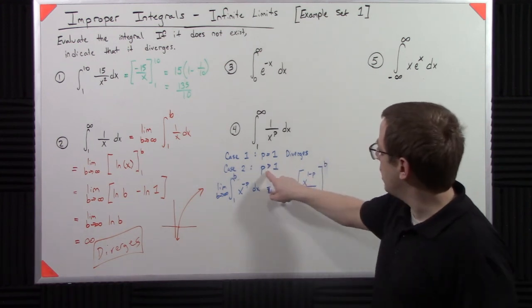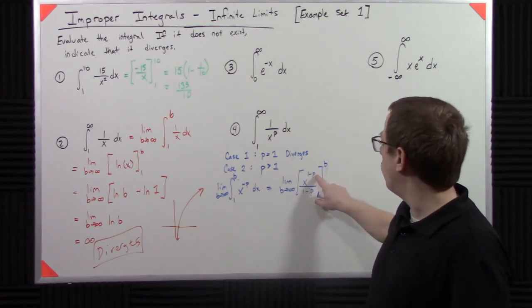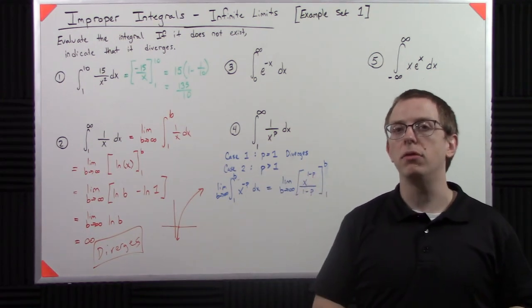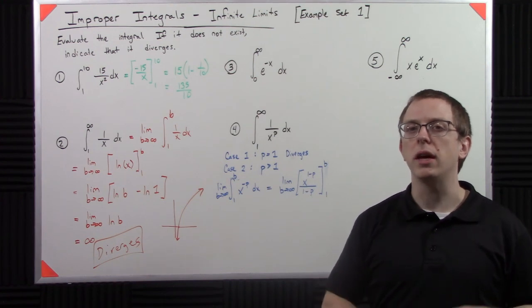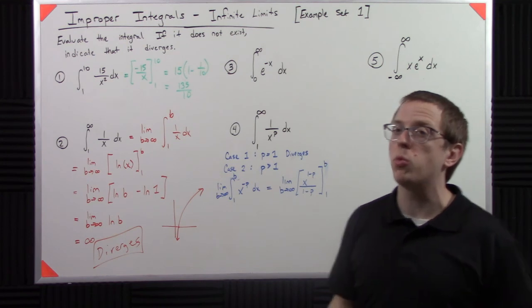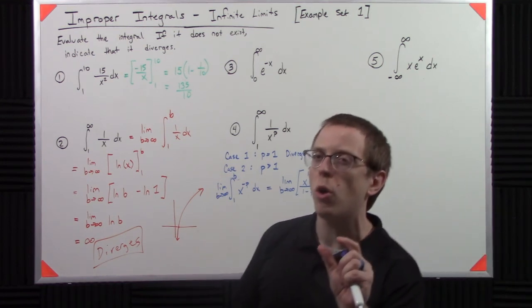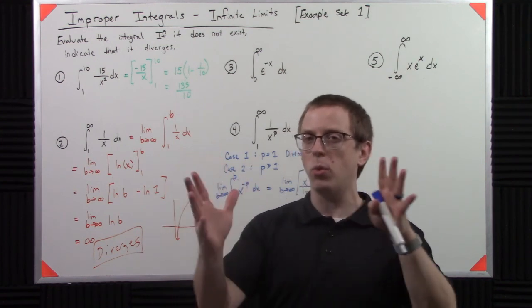If p is greater than 1, if p is larger than 1, then 1 minus p is actually negative. Does that make sense? For instance, if p was 2, 1 minus p would be negative 1. If p was 1.5, it'd be negative 0.5. If it was 1.0001, it'd be negative 0.0001.